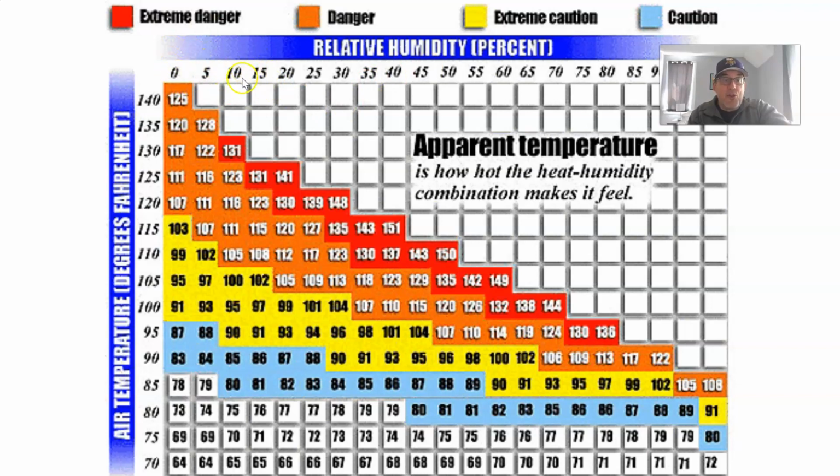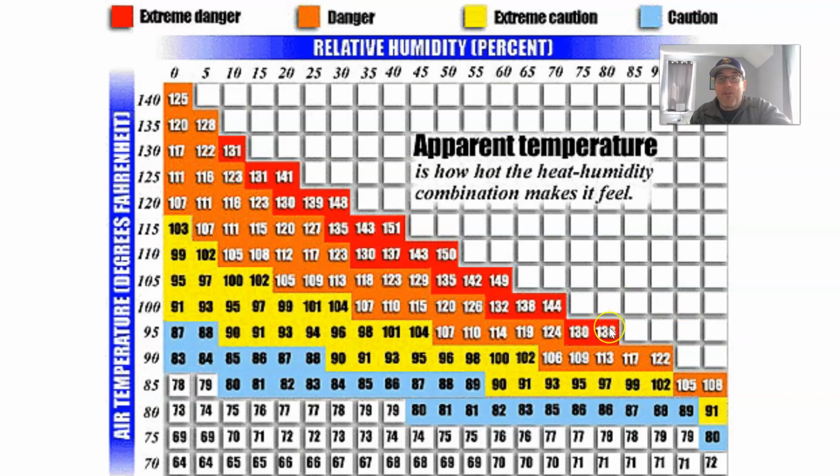So if we have low humidity and the air temperature is even 110 or 105, notice that it feels like less than that. Now compare that to if you're from a high humidity location like the Midwest or the South. They have maybe not as high temperatures, but even if they're in the 90s in the summer with that high humidity, it can feel like a lot warmer.